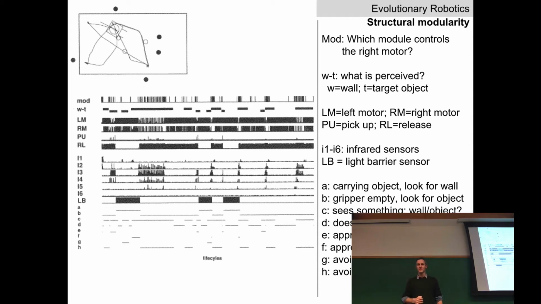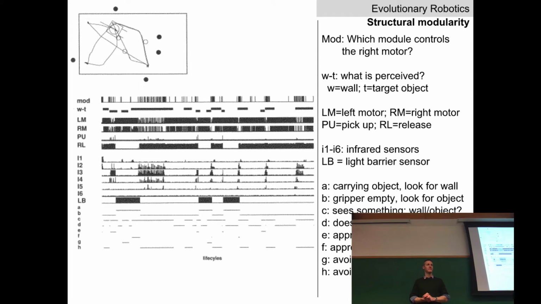Some of H, avoiding a wall, seems to line up pretty well with the ticks on the modules. H, yep, that's not bad. It's pretty close, right? So maybe it's got something to do with that. Maybe there is something to be learned here about what these modules actually are.